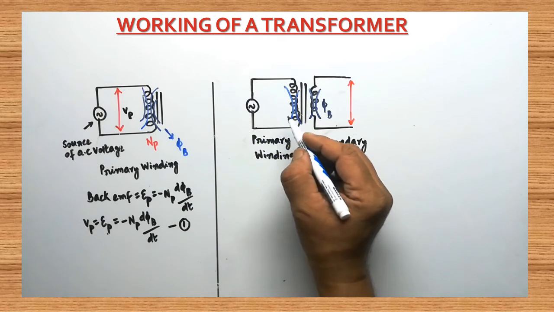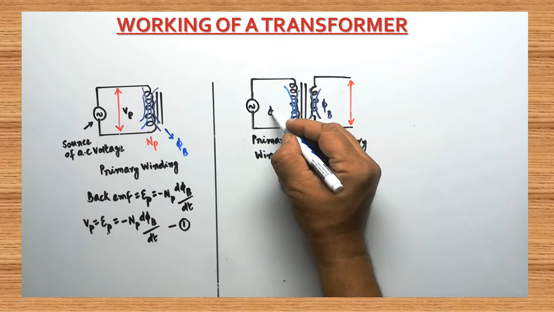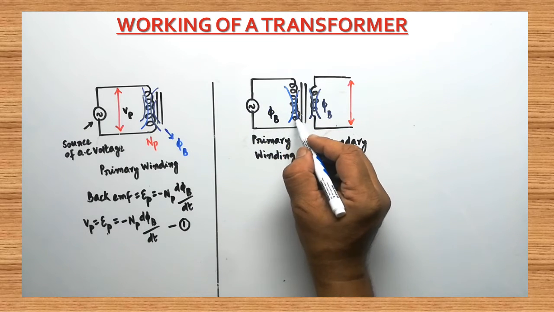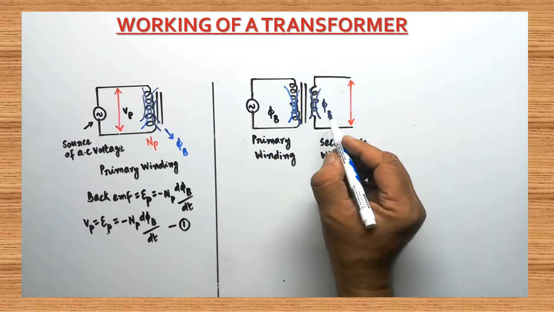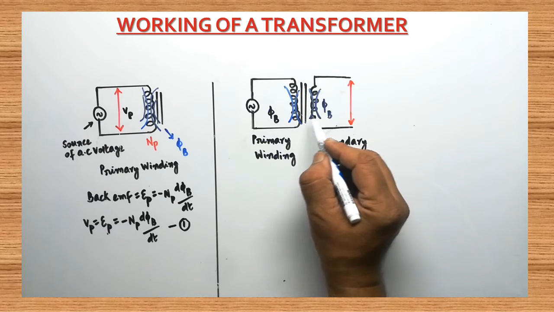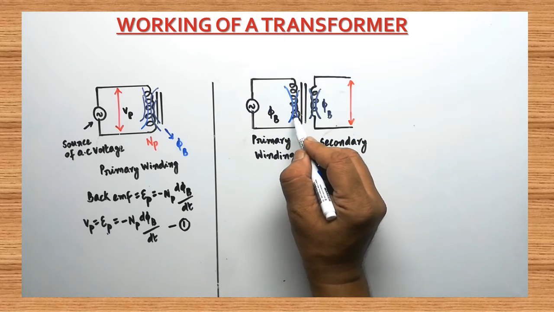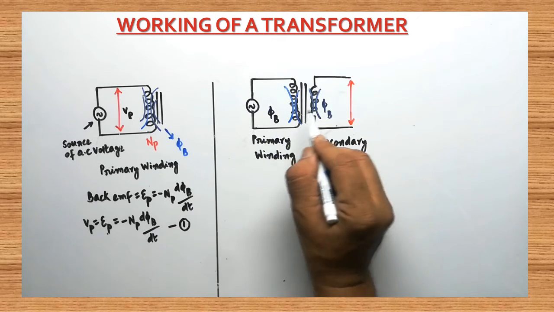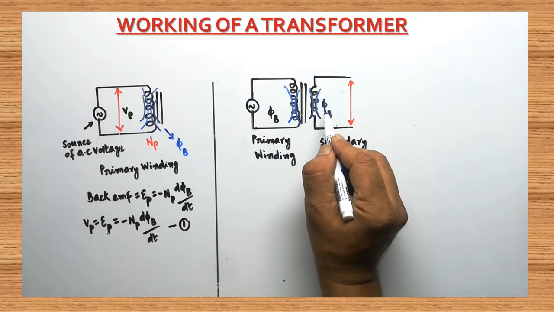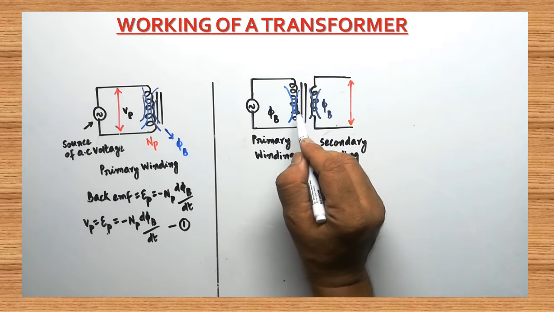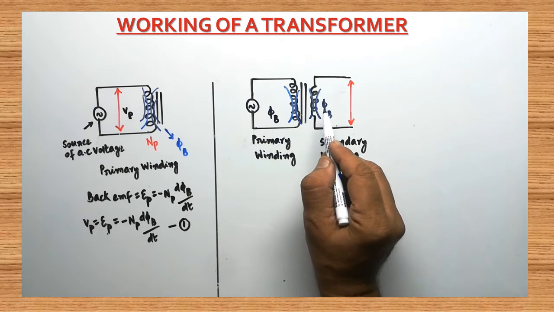The magnetic flux linked with the primary can be named as phi B. The magnetic flux linked with the primary will be completely linking with the secondary. Don't forget, the magnetic flux linked with the secondary and the magnetic flux linked with the primary will both be the same. Are you clear? Don't forget, there won't be any leakage of magnetic flux because they have a common core within which both the primary coil and the secondary coil are wound.